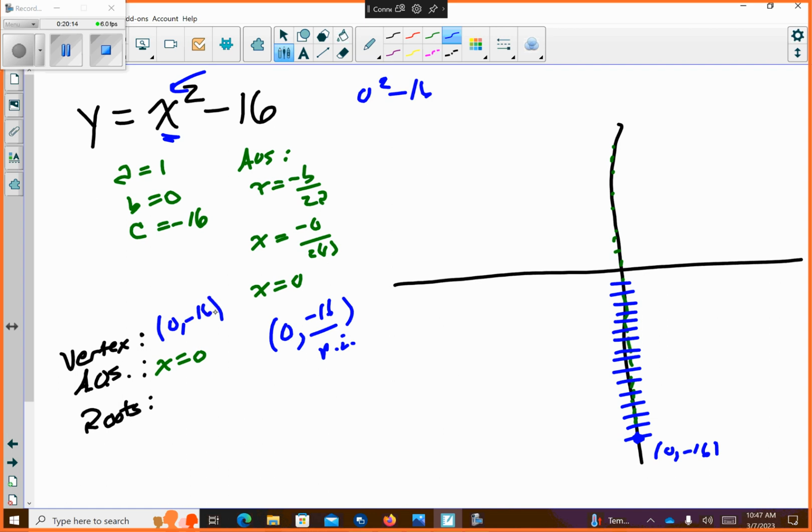Now, because I went so far down, I'm going to pattern graph a little bit further than normal. So in order to get our roots, I'm going to go a times 135, which is 1 times 135, which means I'm going to pattern graph at 135.